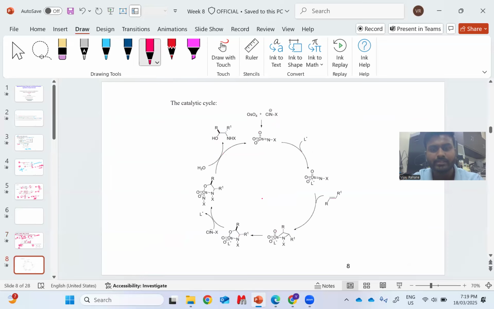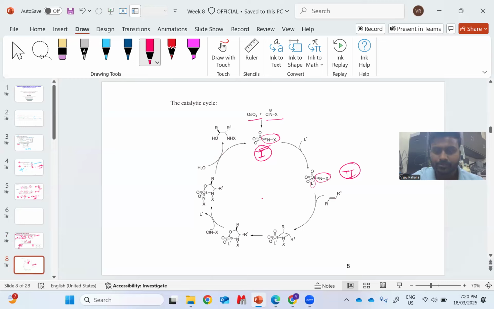So if you look at the catalytic cycle of this reaction, the osmium tetroxide and the nitrogen source form an intermediate 1, which on further reaction with the ligand gives the intermediate 2, which has this NX as well as the ligand attached. In the previous case, there was only the NX attached, the nitrogen bonded to the osmium with a double bond.